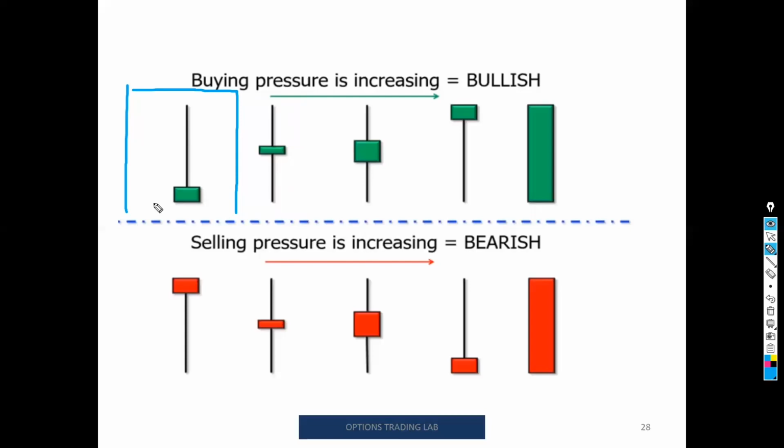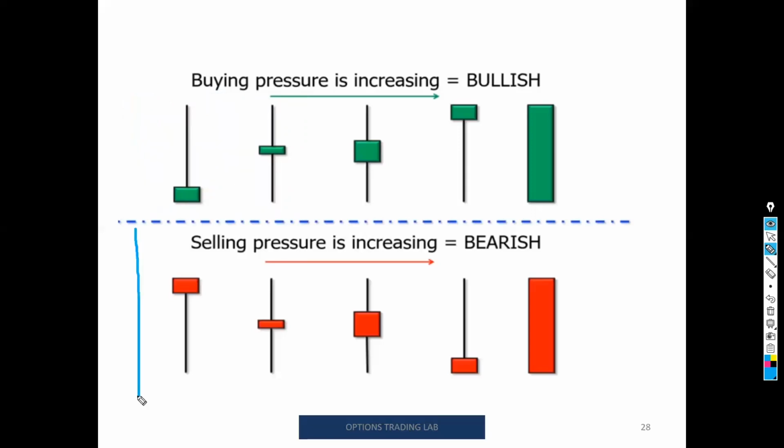Here the candle opened here. Buyers pushed the price to this highest level and see what happened after that. Sellers were able to push the price and they were able to close the price near the opening price. It means it is showing a clear indication that sellers are stronger at that point of time.